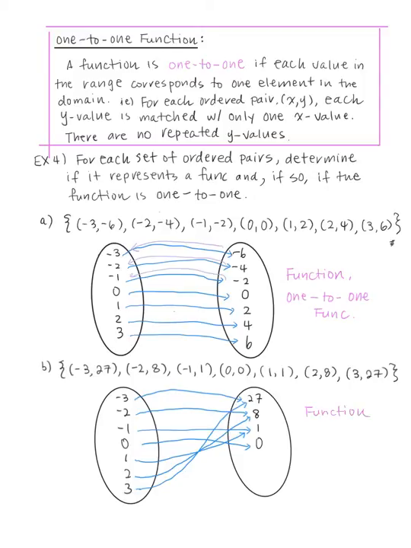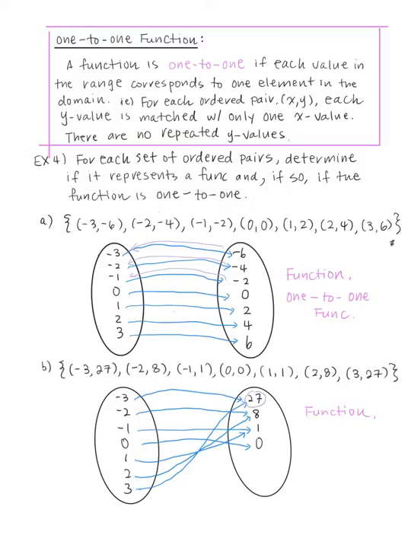Function. All right, now let's determine whether this is a one-to-one function or not. Again, in order to be a one-to-one function, for every y value, there better be exactly one x value. So let's take a look at when y equals 27. Let me circle this guy.